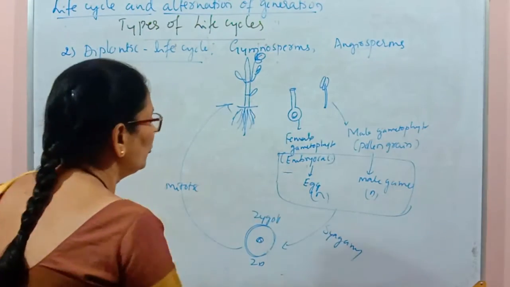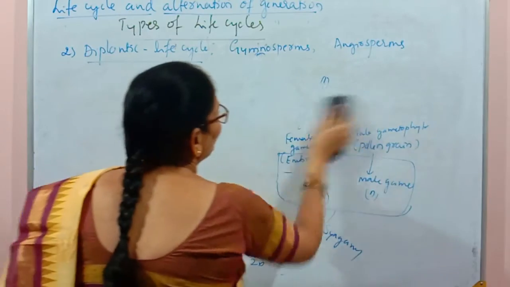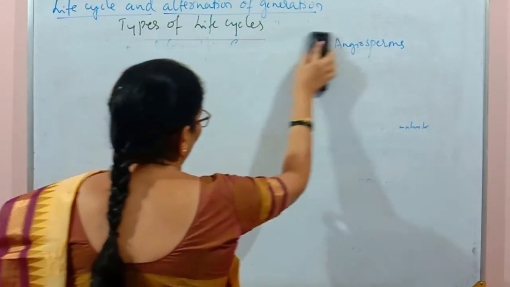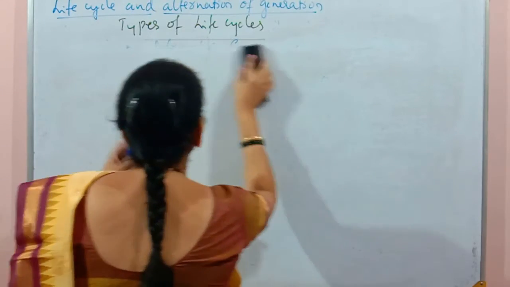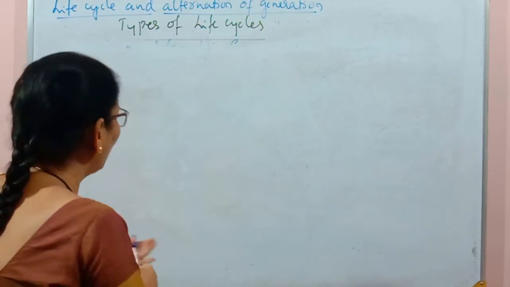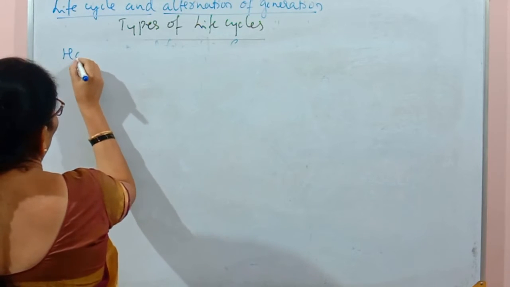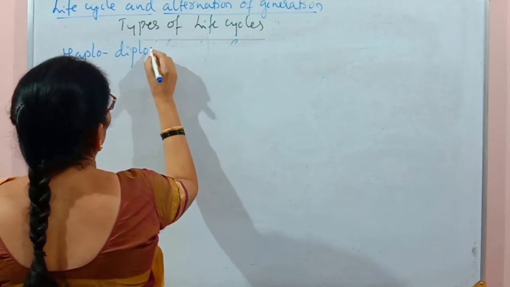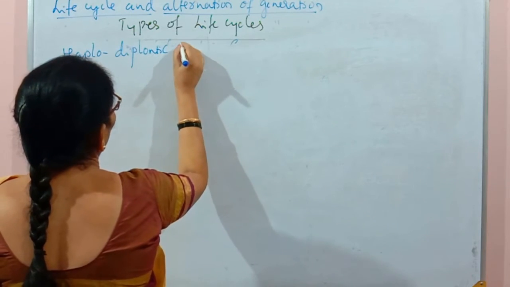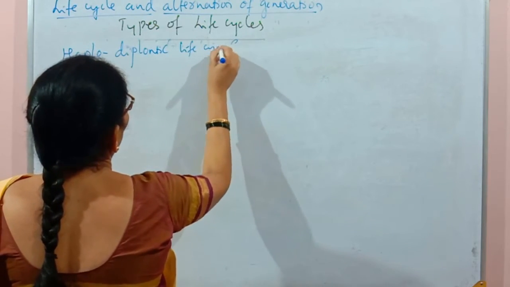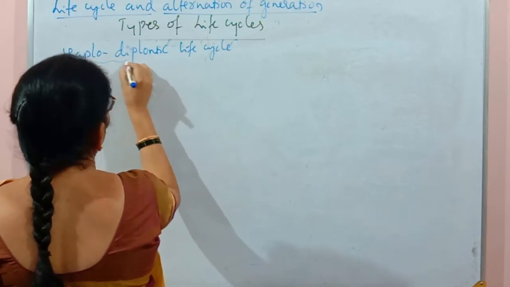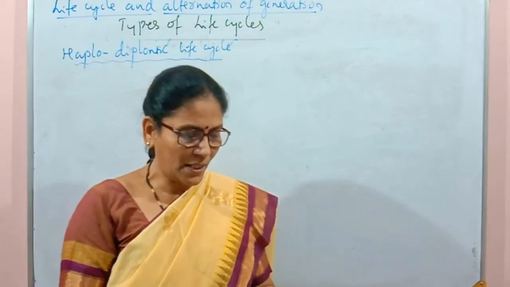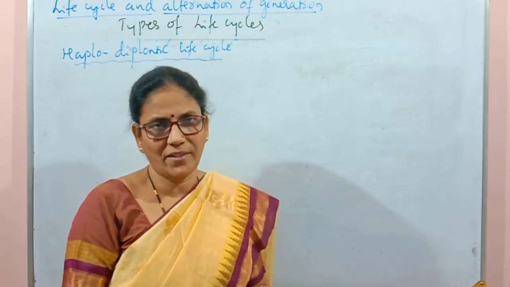Now we will move to the next cycle, that is the haplodiplontic life cycle. The haplodiplontic life cycle is usually seen in plants like pteridophytes and bryophytes.